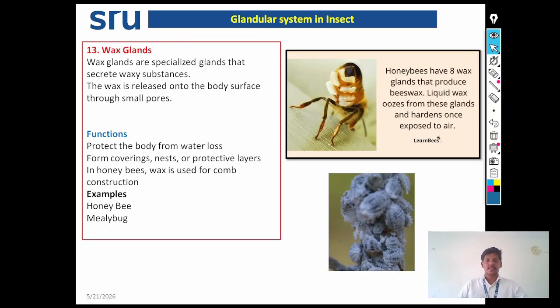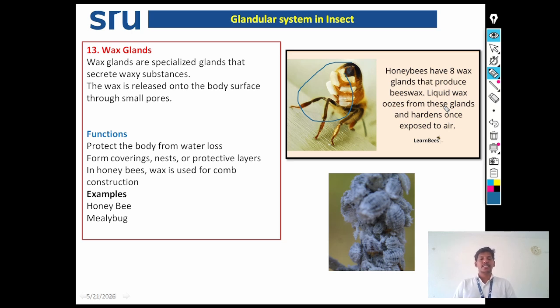Wax glands. See here in this image, honeybees have 8 wax glands that produce beeswax. Liquid wax oozes out from these glands and hardens once exposed to the air. Wax glands are specialized glands that secrete waxy substances, released onto the body surface through small pores.